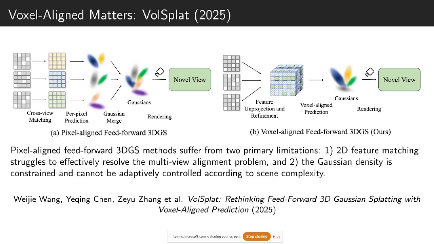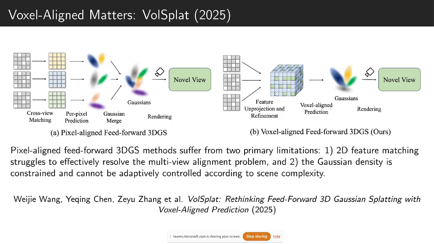These problems come with the inheritance of the current method, which is the per-pixel alignment of feed-forward Gaussians. So we challenge this, and we think: if they perform voxel-aligned prediction instead of per-pixel prediction, is this problem going to be solved? The result is somehow yes, from some perspective, yes.